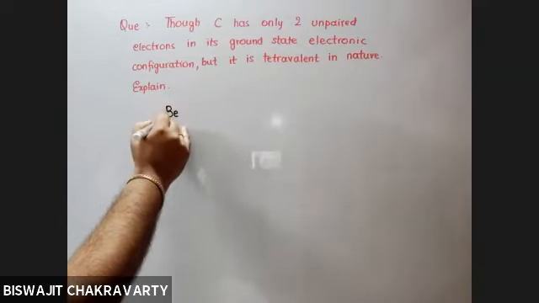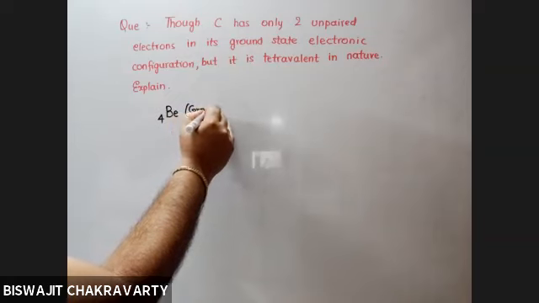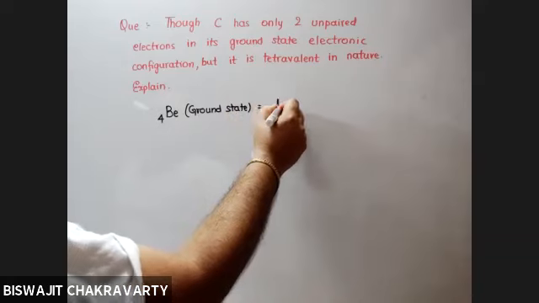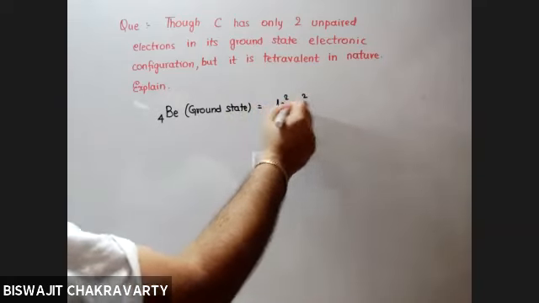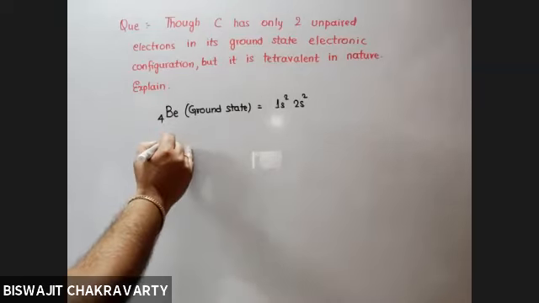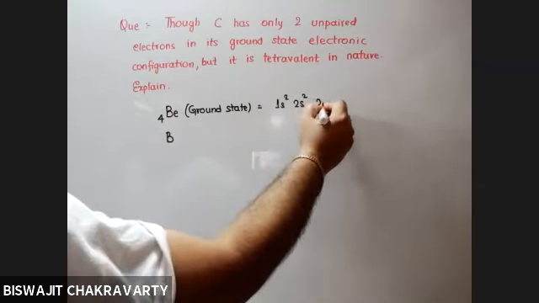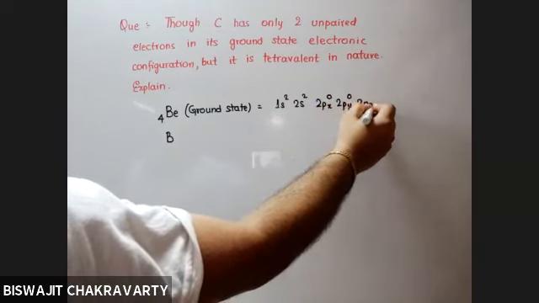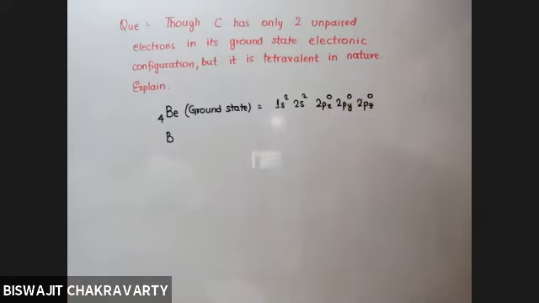Beryllium, whose atomic number is 4, in the ground state is 1s2, 2s2. So there is no unpaired electron. So accordingly, the valency should be 0. But as I said, it has 2px, 2py, 2pz also present because it is the second shell. So in the second shell, both 2s and 2p exist. But in the ground state, as we can see, there are no electrons present in 2p.